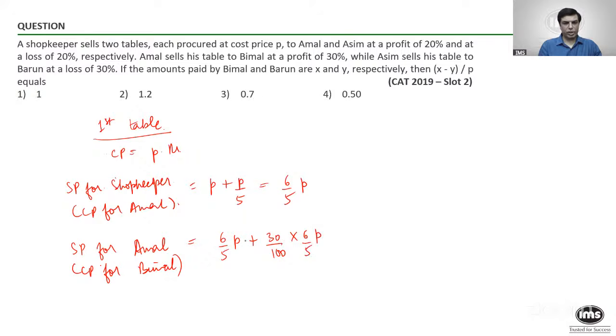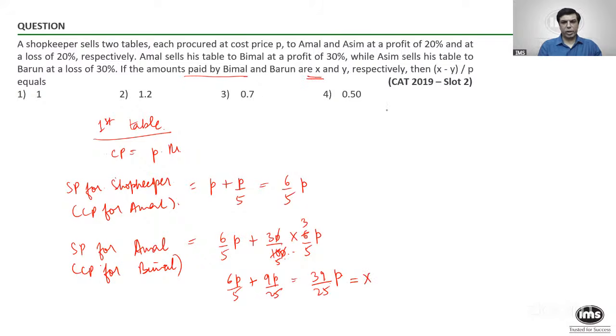This is nothing but 6p by 5 plus 9p by 25. So if we take LCM, that is nothing but 39 by 25p. This is already given to us as X. The amount paid by Bimal is X rupees.